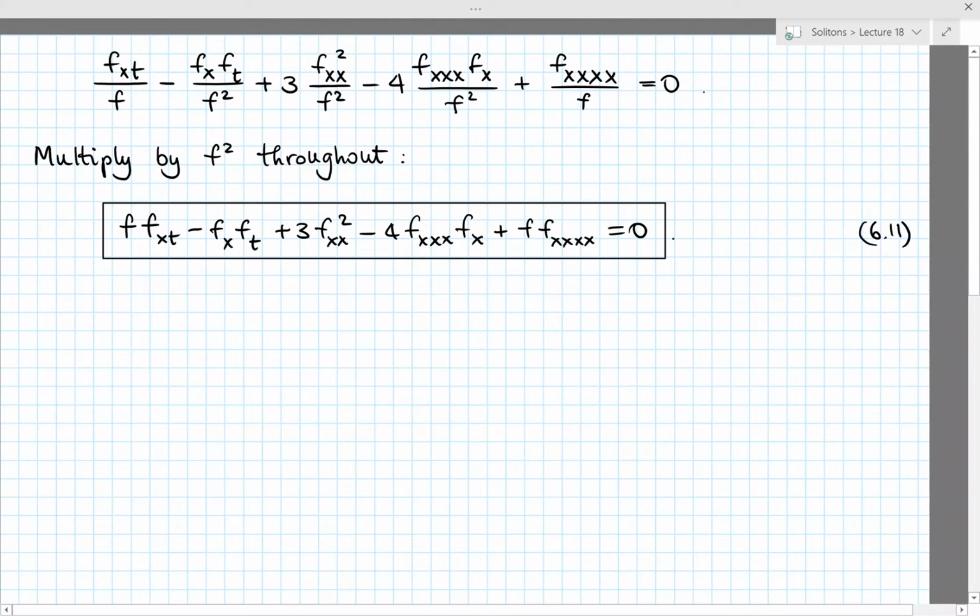This equation is quadratic in f and is known as the quadratic form of the KdV equation.